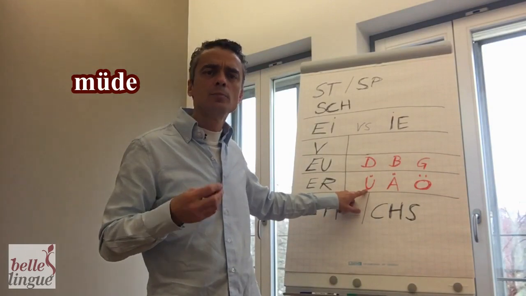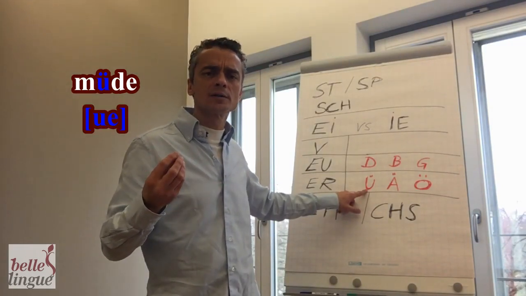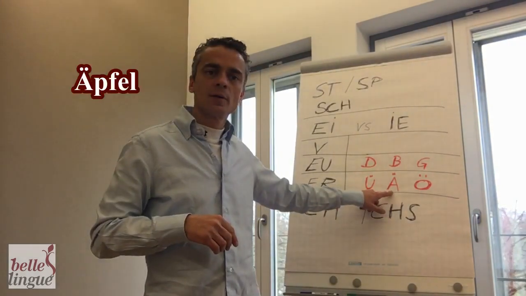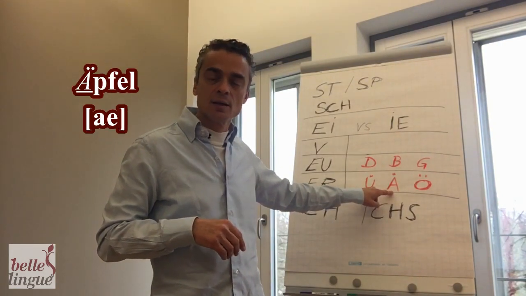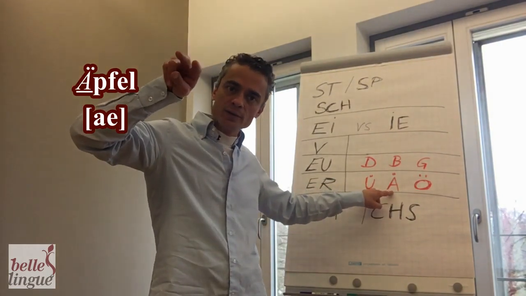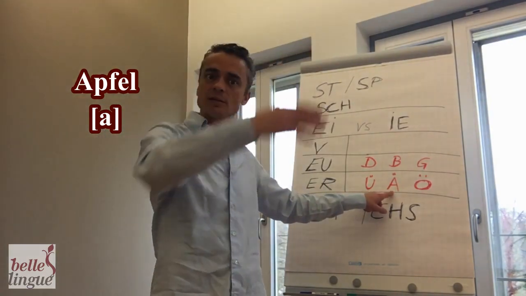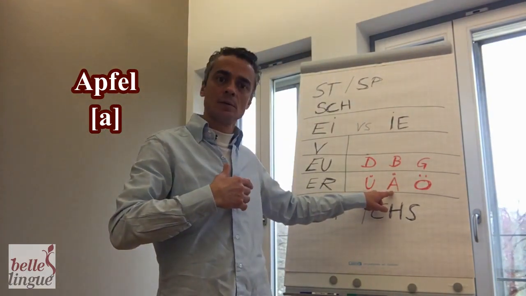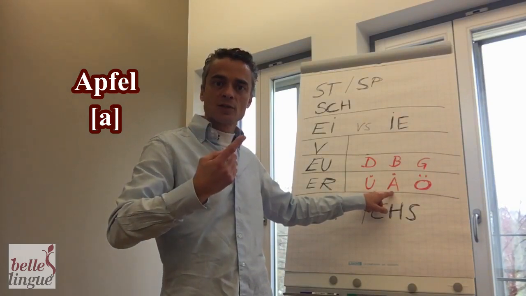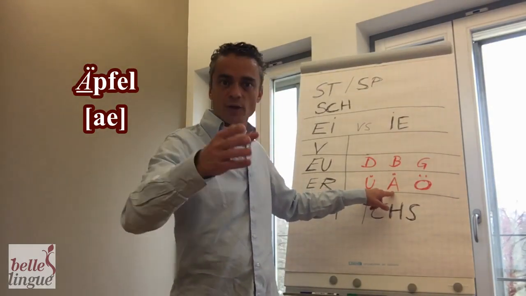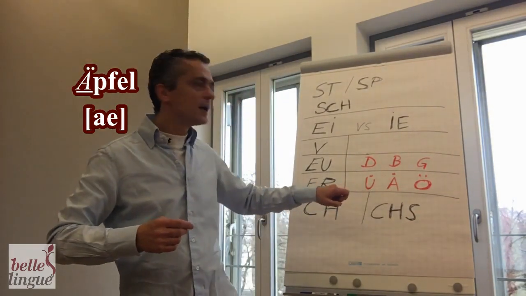Look at this word. Müde, which is tired. Apfel. If it's without the two points, so you say Apfel, normal, like at the dentist, then it's one apple. But if you say Äpfel, you don't have to look like this, then it's the plural.